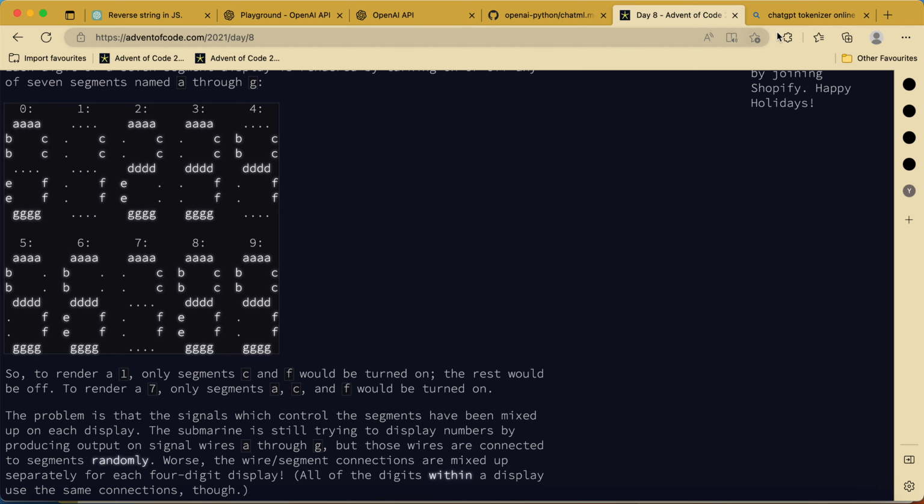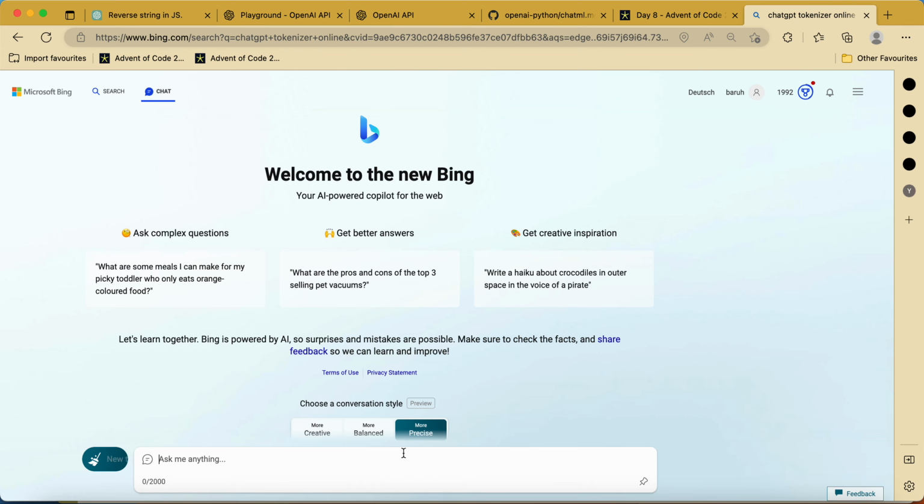Let's go back to Bing because I stopped using Bing. How would I order a string of characters alphabetically?